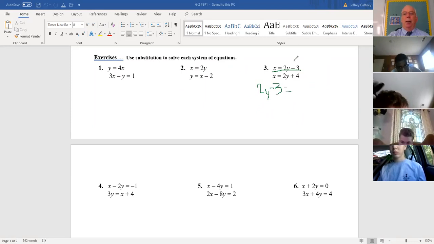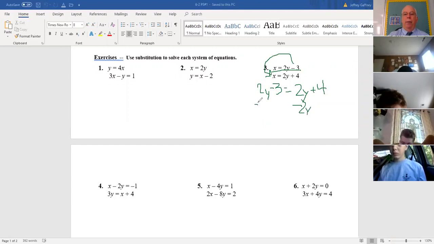So what I did is I took this 2y minus 3 equals x and replaced it with this x right there. And then I get 2y plus 4. And you can see something's going on here, right? Now if I solve for the variable y, because now I've got one variable, and I subtract 2y from this side to get my y's over on the left side of the equation, you can see something's going to happen.